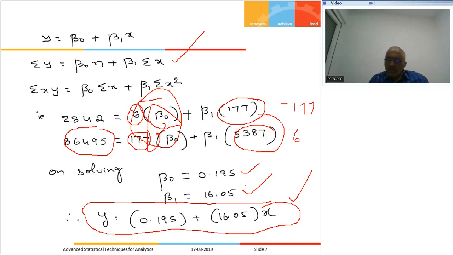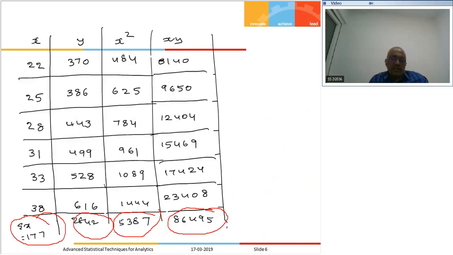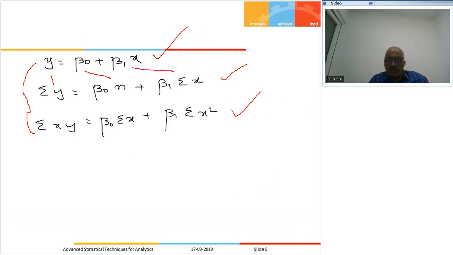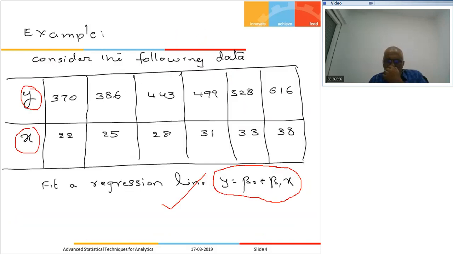Initially we have to find whether there is a relation or not, and only then do we go for regression. How did we find there is a relation? Here in this case, they clearly mentioned that we need to fit a regression line. In general, when we work with real-time data, we try to establish whether these two are having any relation or not.